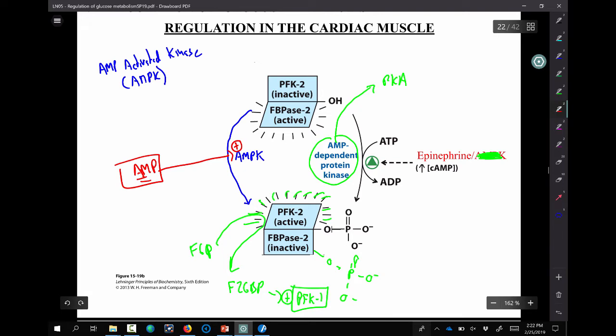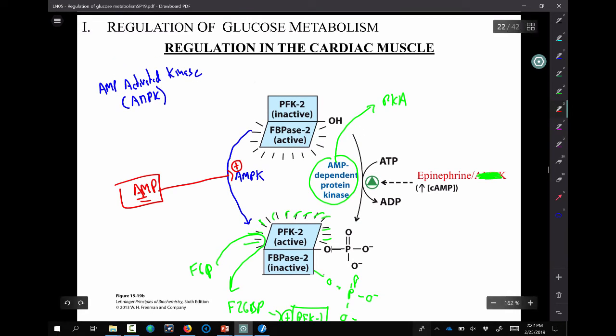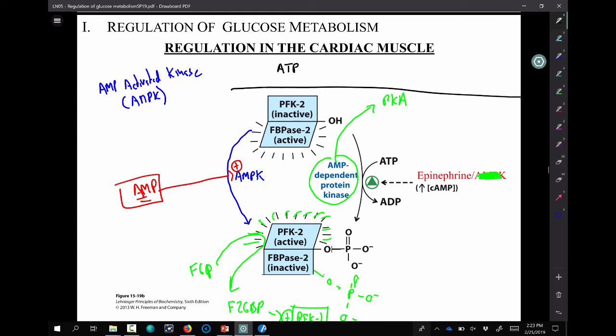This goes up. AMP goes up when there's sustained contraction, or increased levels of contraction. So let me do this for us here. I'm going to box this off. If you've studied contraction of muscles, you know that ATP is used to contract muscle.